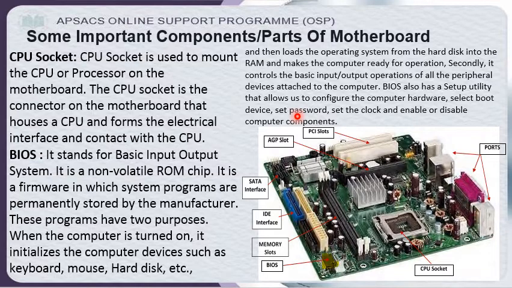If you see the motherboard of your system unit or of your computer, inside it different components are there. So let's see them one by one. If you see the white color port, that is known as a PCI port. PCI stands for Peripheral Component Interconnection Slot.